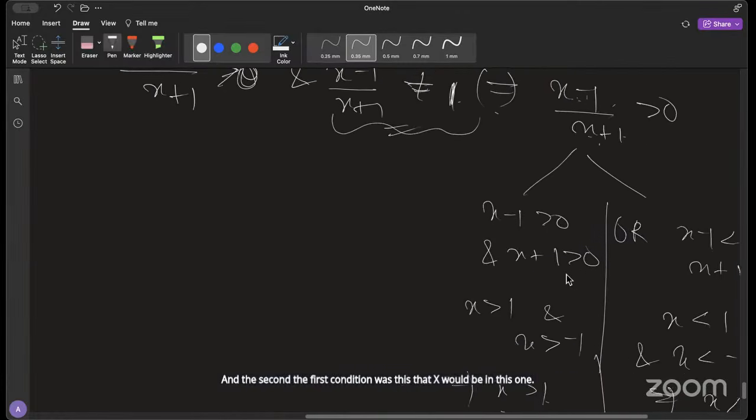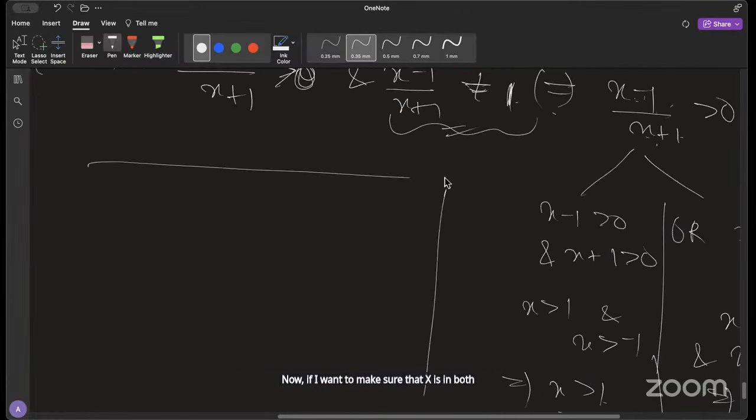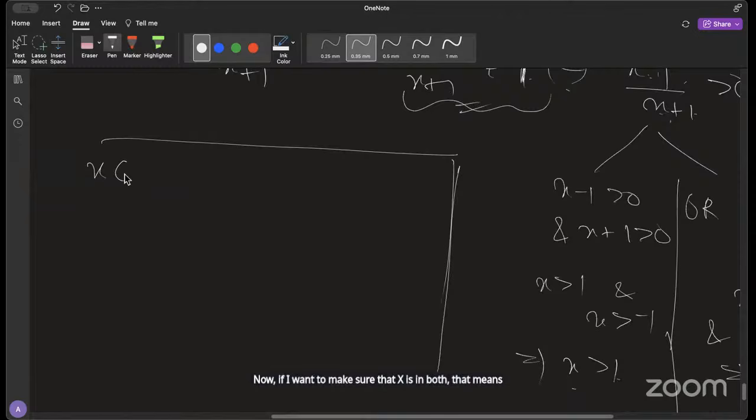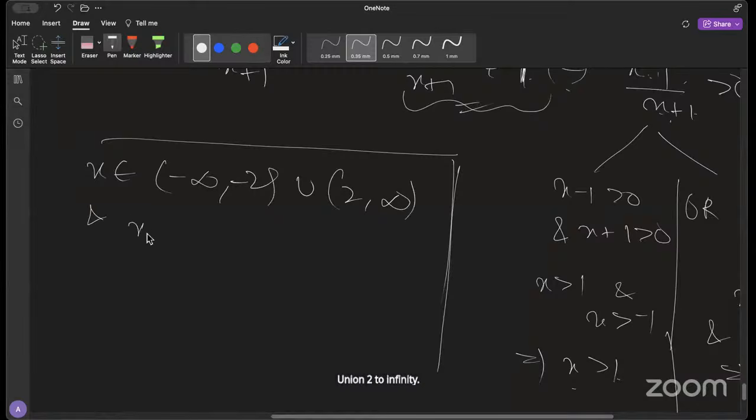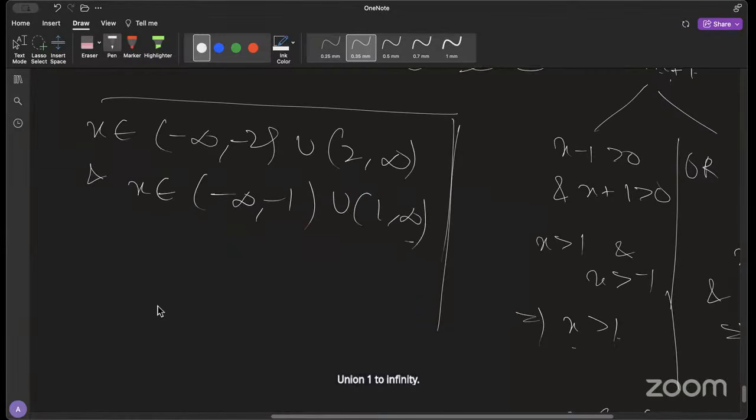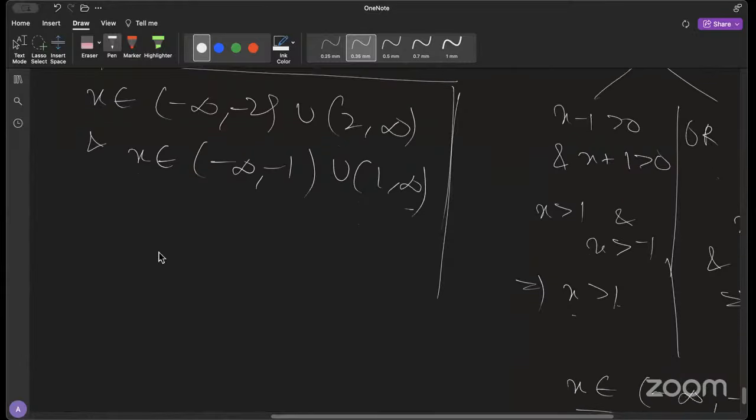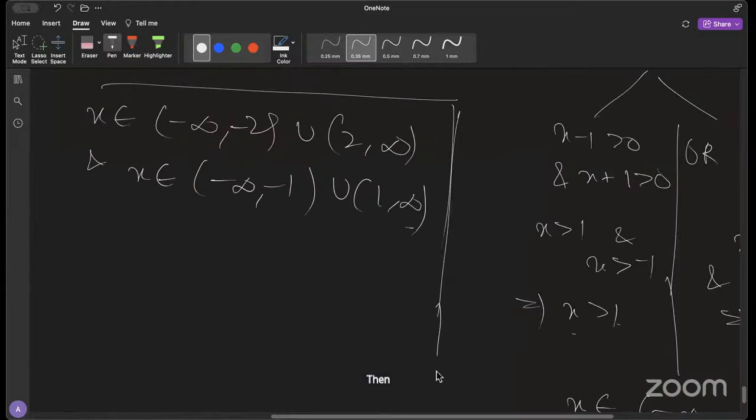Now, if I want to make sure that x is in both, that means x is in minus infinity to minus 2, union 2 to infinity, and x is in minus infinity to minus 1, union 1 to infinity.